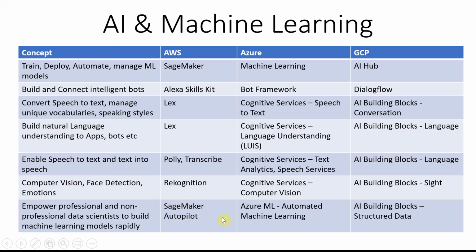So it does most of it automatically. You do not need to invest upfront in a data scientist for your organization, because auto will solve most of the common use cases. These automated machine learning tools are getting popular these days: Autopilot, Automated ML, and Structured Data.